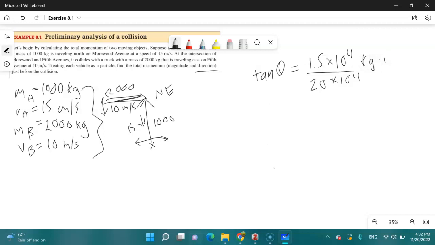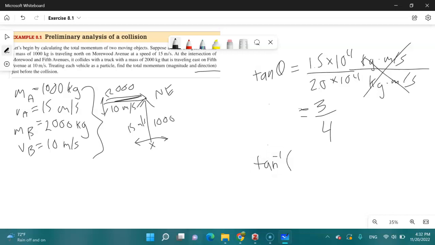We have kilograms times meters per second, kilograms times meters per second. So these units are actually going to cancel out, and when we plug this in, we're left with 3/4. But this does not give us our angle yet. We're going to do the inverse tangent of 3/4. And this will actually give us our final angle, which is 36.9 degrees. And we know that it's northeast.